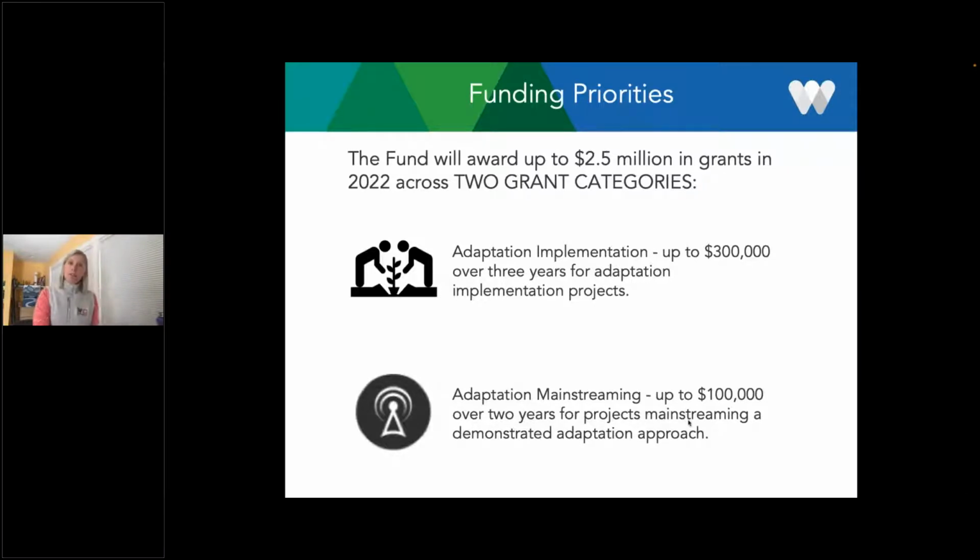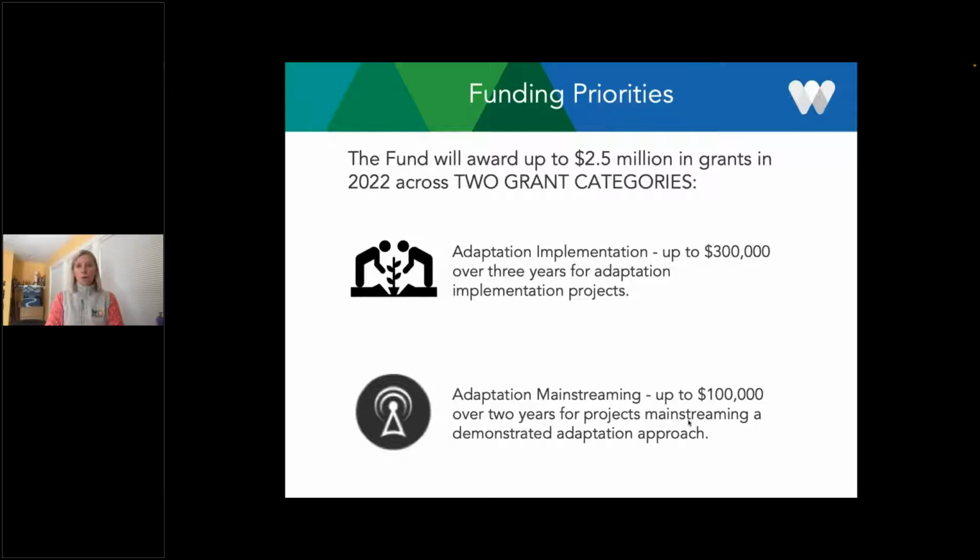We're continuing to support adaptation implementation projects in a refresh of our grant program. But we've also added a second new category to our grant making, adaptation mainstreaming grants that support the broader adoption of a demonstrated adaptation approach.